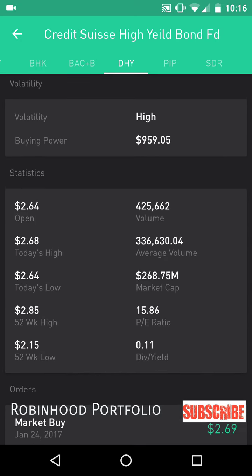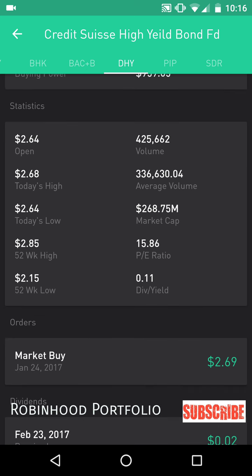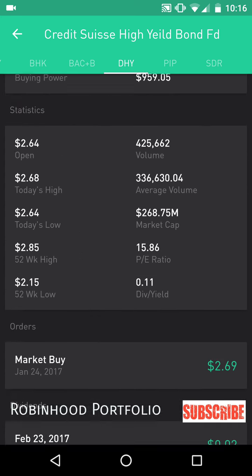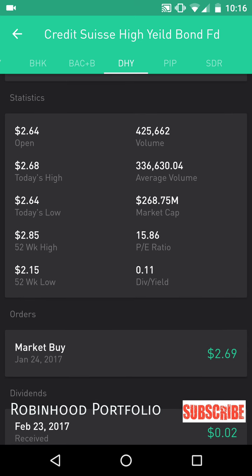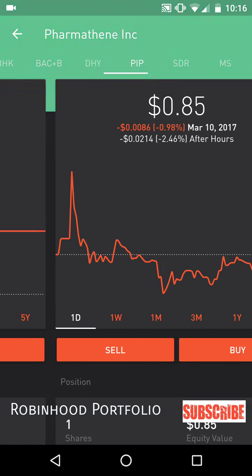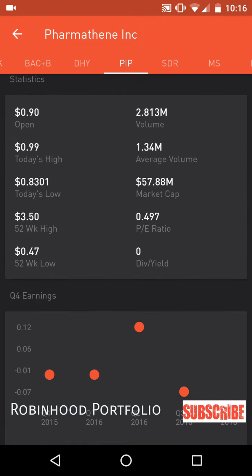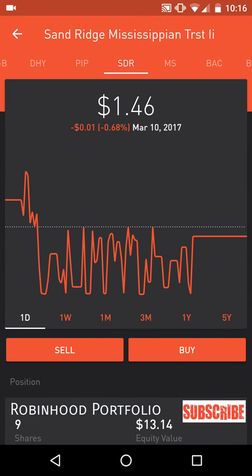And this one here as well, this Credit Suisse High Yield Bond Fund, this should be about 12 to 13%. This is a very high yield kind of penny stock, but it's showing 0.11, which is also incorrect. So not sure what is going on with the statistics here. If anybody has a good idea, let me know.